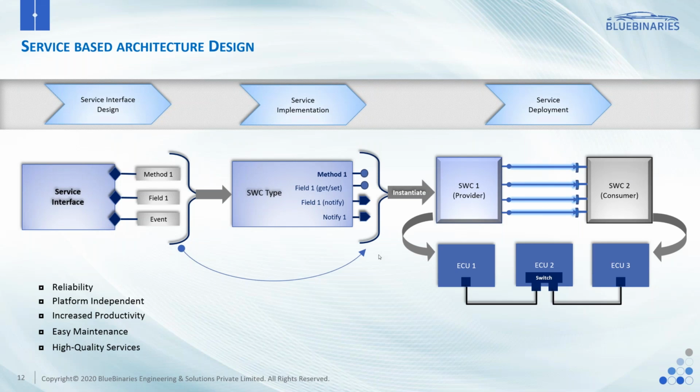This will also increase the overall productivity of the development life cycle, and it is easy to maintain, because if you are changing the nature or the behavior of a service, you just need to modify the argument, and then you can reuse the service.